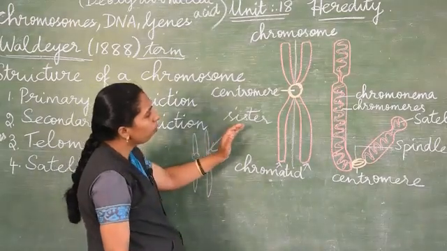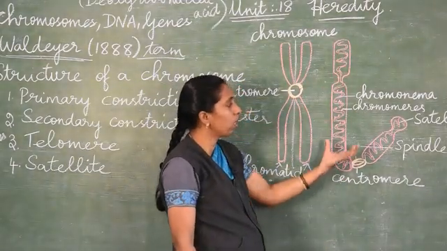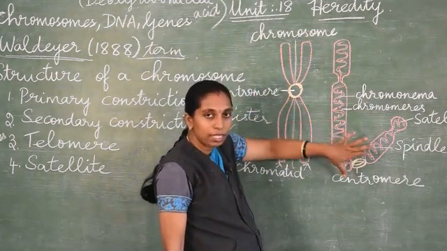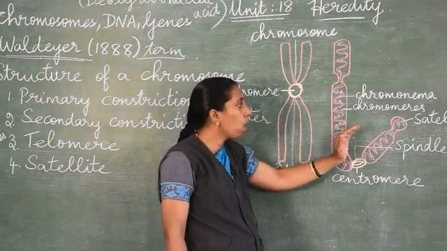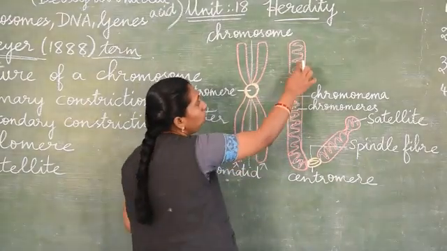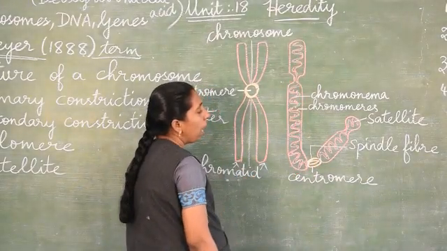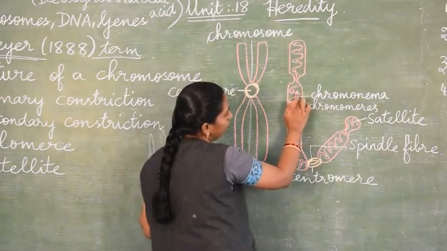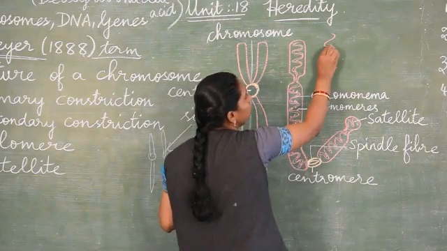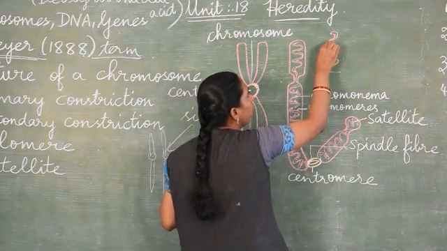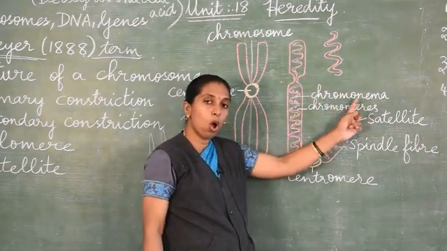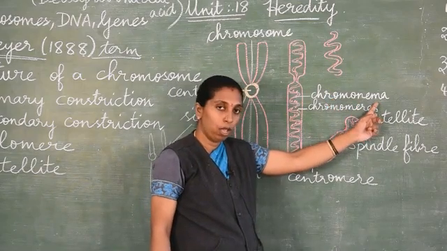Now we shall learn the internal structure of the chromosome. The chromosome, I told you, is a thread-like structure, a highly coiled thread-like structure made up of DNA. Inside, it is finely coiled, and this coiled structure is called chromonema or chromonemata.